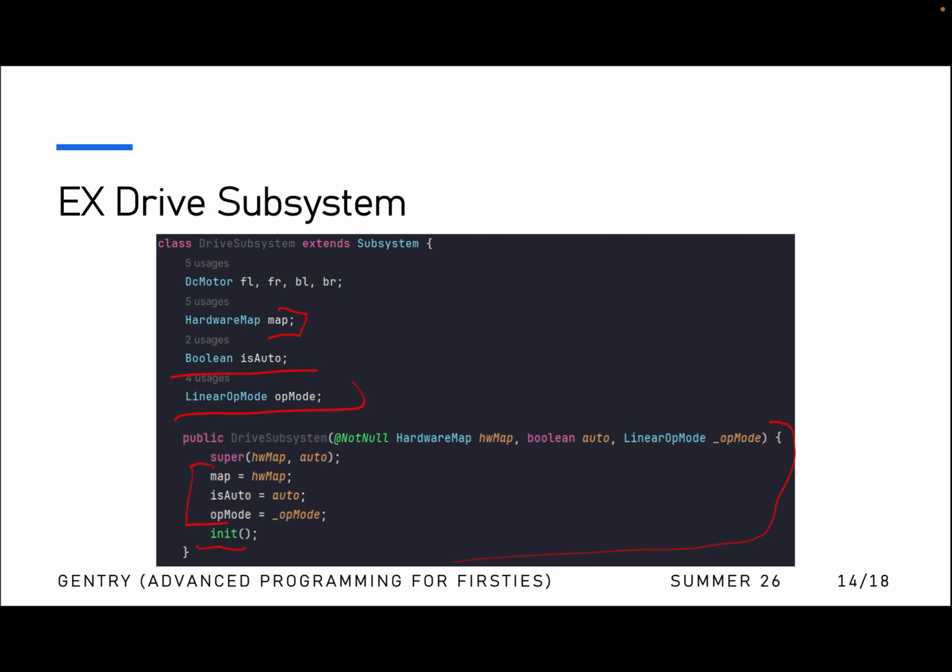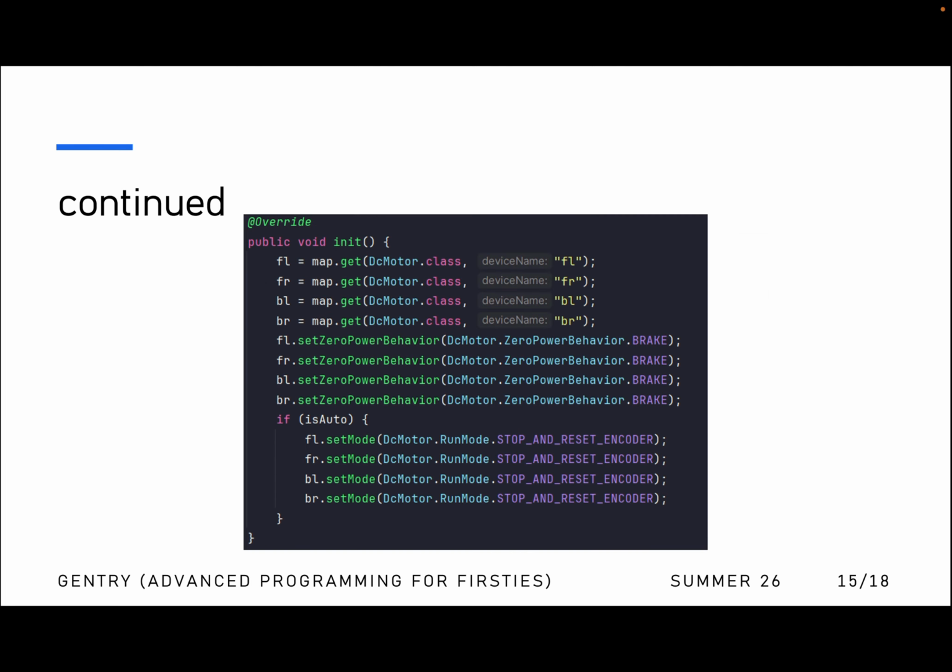And then we have finally our init, which will call the next method I'll show you. So for that init method, we're basically just going to get our four motors, set them all to be braking, and if it's auto, we want to stop and reset all of our encoders.